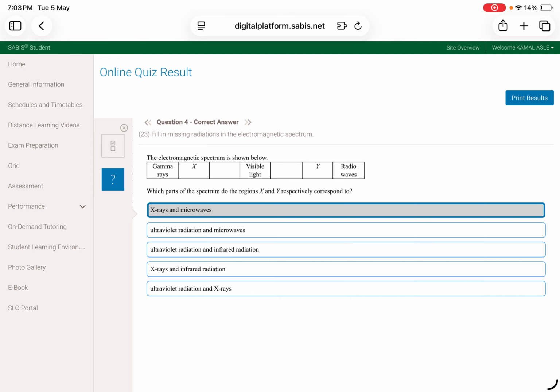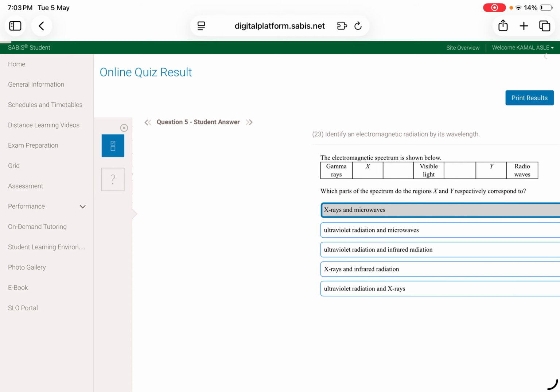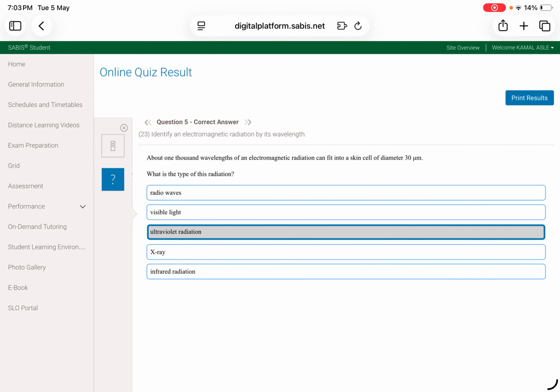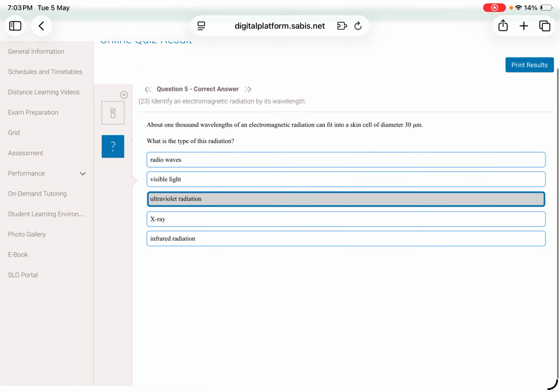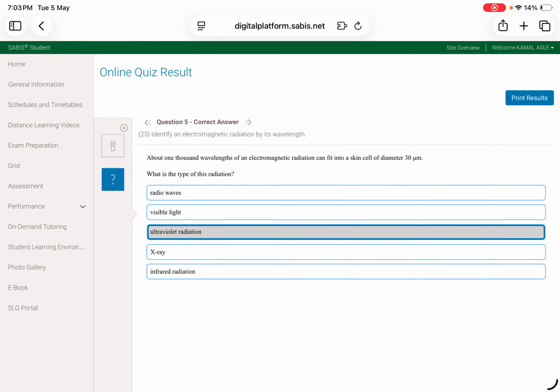Question number 5. About 1,000 wavelengths of an electromagnetic radiation can fit into a skin cell of diameter 30. Okay, what is the type of this radiation?